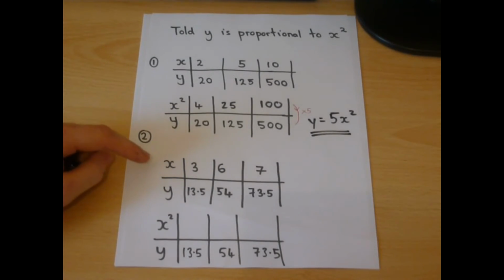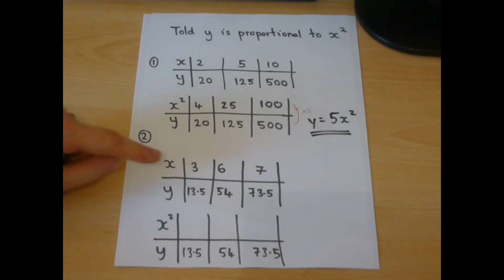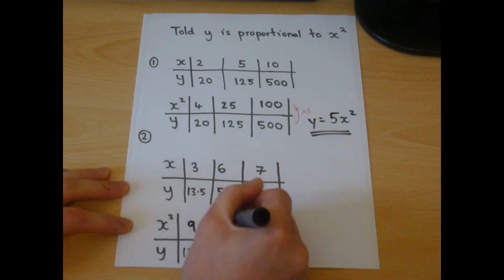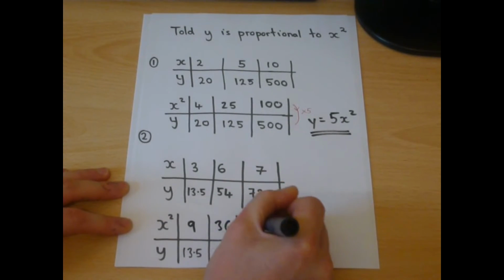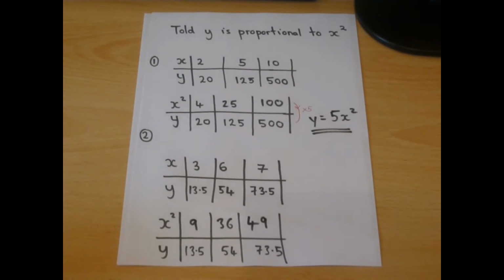Second example, we're still told y is proportional to x squared, so it's not the x values we care about, it is the x squared values. And if you then do 13.5 divided by 9, you get 1.5. If you do 54 divided by 36, you get 1.5.